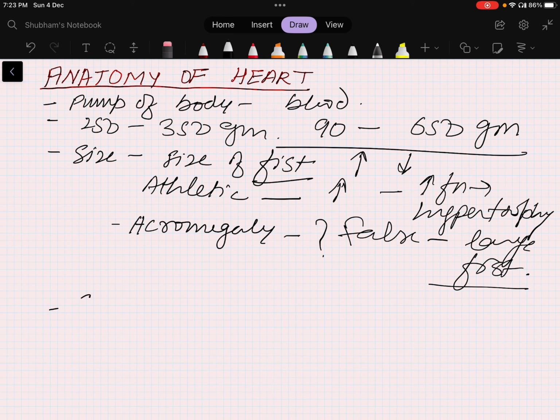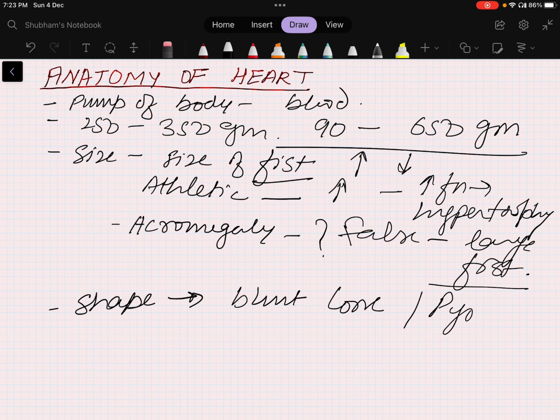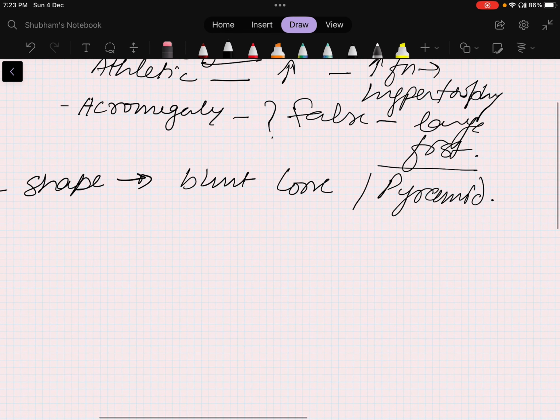So what about the shape of the heart? The shape of the heart is explained as something like a blunt cone, or I personally prefer a pyramid. A blunt cone or a pyramid.